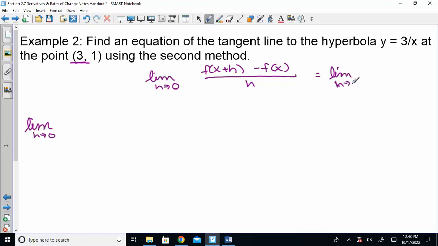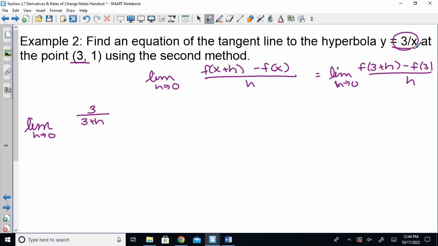So this is limit as h approaches 0, f of 3 plus h minus f of 3 over h. Okay, f of 3 plus h means you go to your equation and I replace my x with 3 plus h. So I have 3 over 3 plus h.